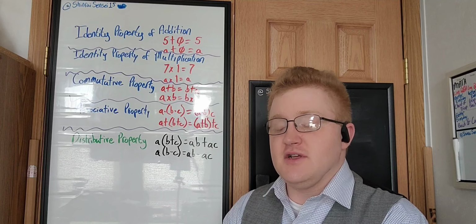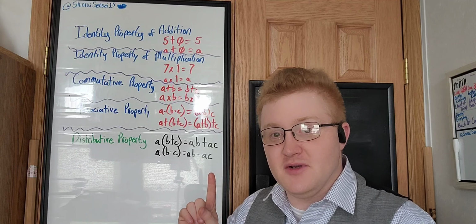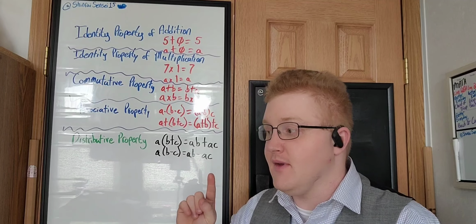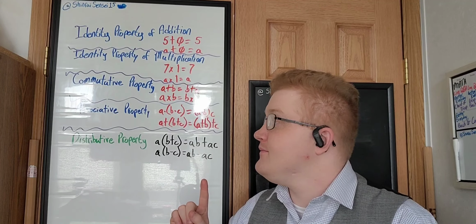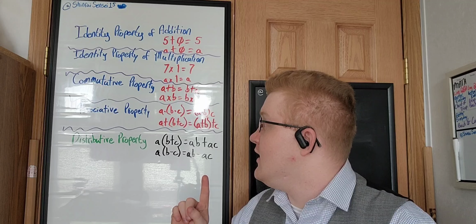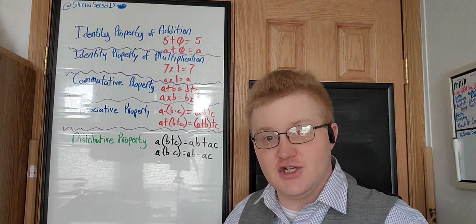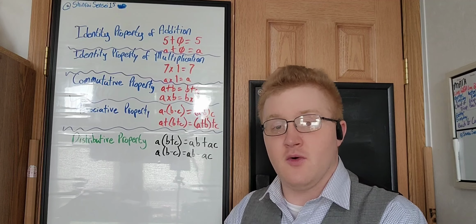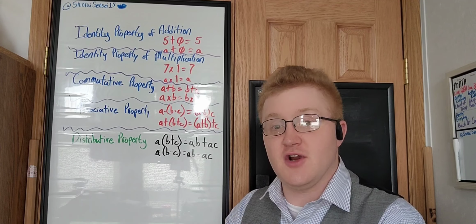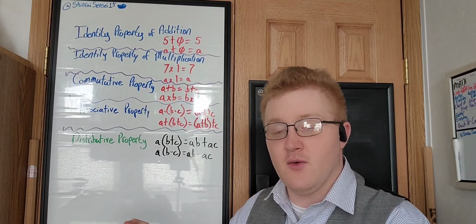It only matters if you're changing the operation from addition to multiplication, or if you have subtraction or division thrown in there. You can't change the order, because subtraction and division require specific orders.